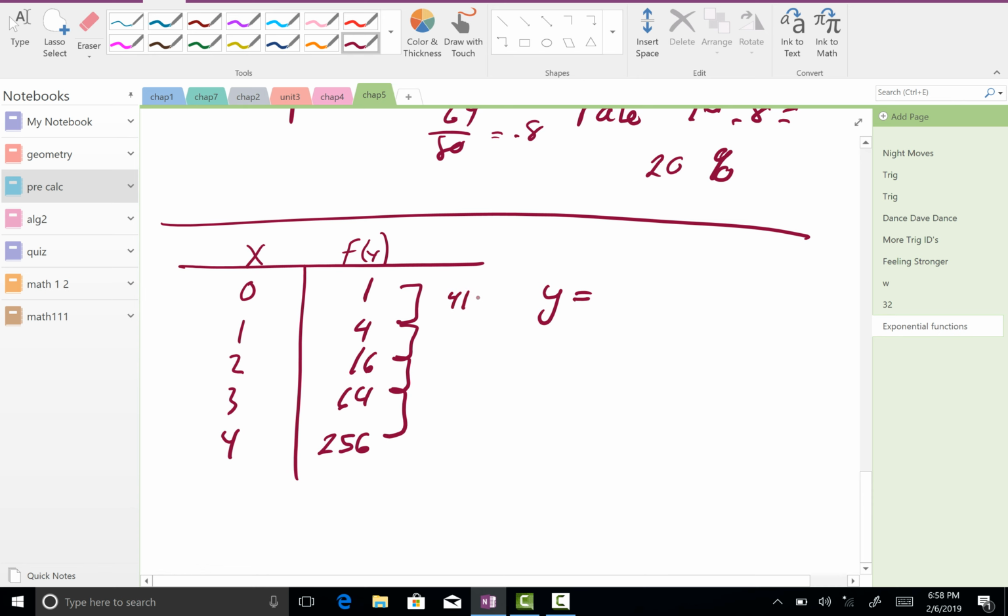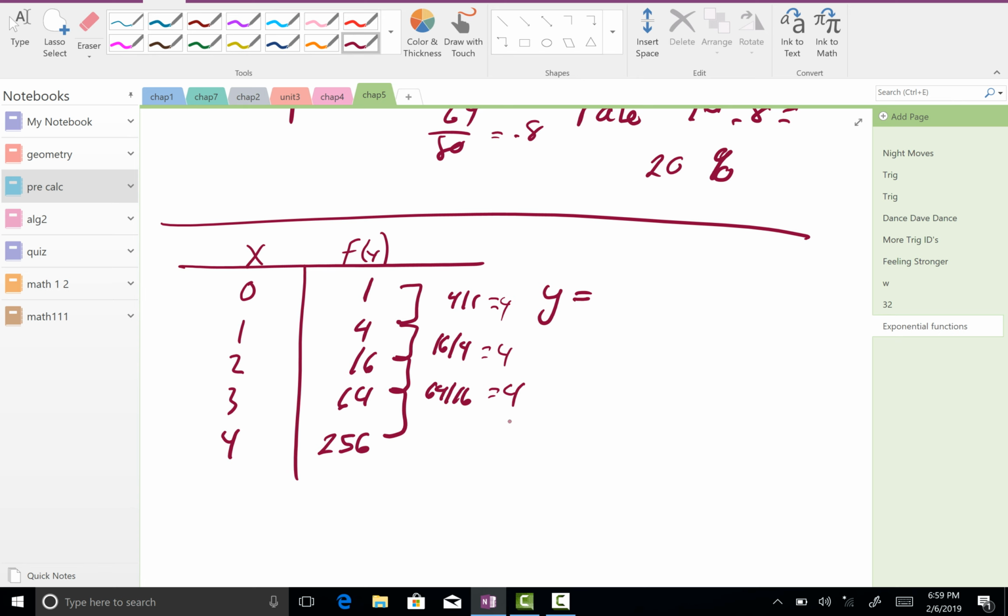So 4 divided by 1, 16 divided by 4, and 64 divided by 16. Okay? So, like when you get your project today, it's going to have some data here, and you're going to have to try to find an exponential equation for that. All right? Well, it might not always turn out to be nice numbers here, like 4s, like this is. But if it doesn't, just average them and get a good eyeball average for it.